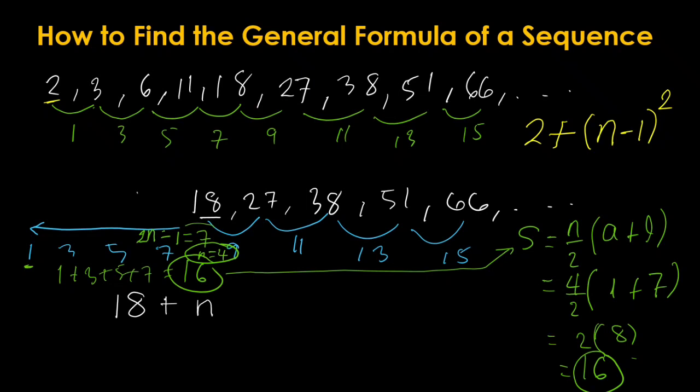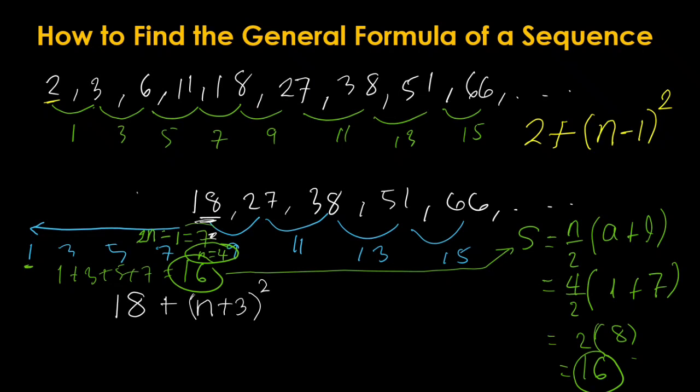So to make this 4 here for a general n for the term of 18, we need to add 3 to make this 4, squared.